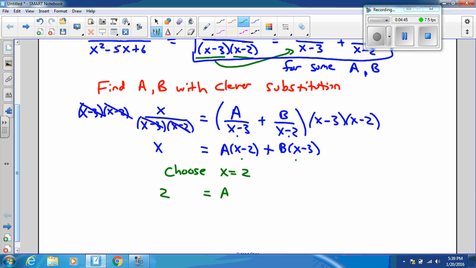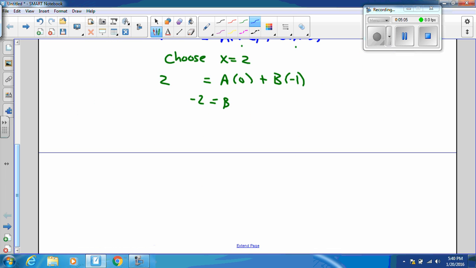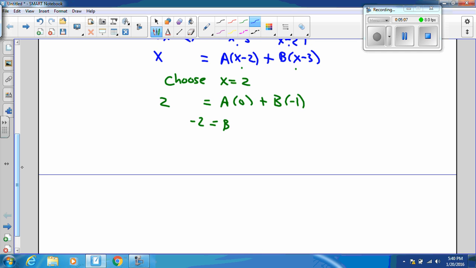And when I choose x equals 2, then I get that 2 is equal to a times 0 plus b times negative 1. Well, that means that b is equal to negative 2. And in the second instance, I'm going to choose the value x equals 3.